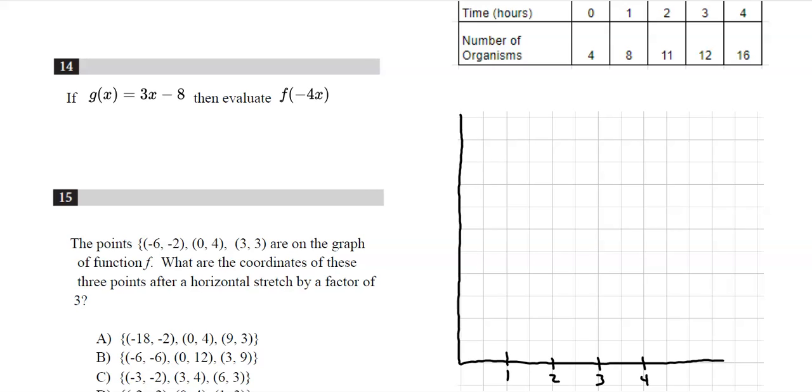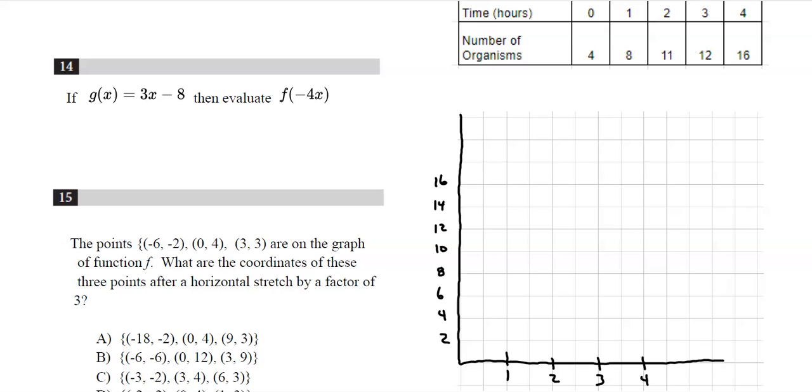And when I go the other way, I have to go to 16, so maybe I'll count by 2s: 2, 4, 6, 8, 10, 12, 14, 16. And I have to put these dots in.